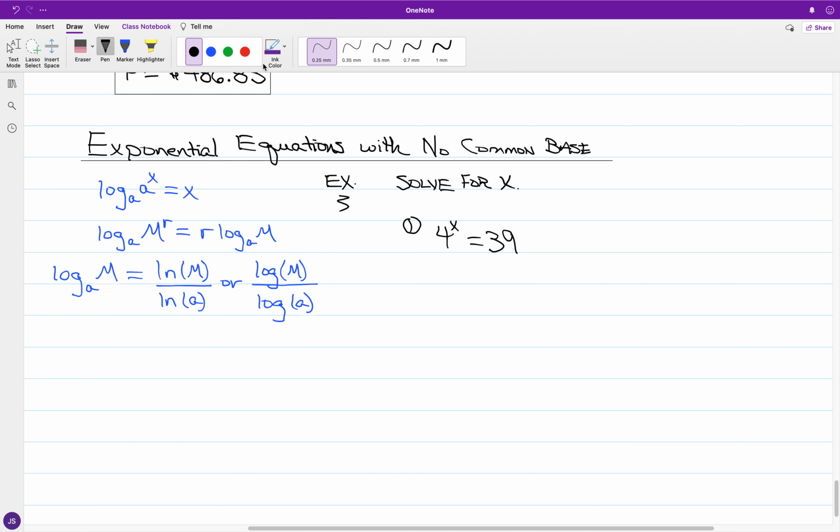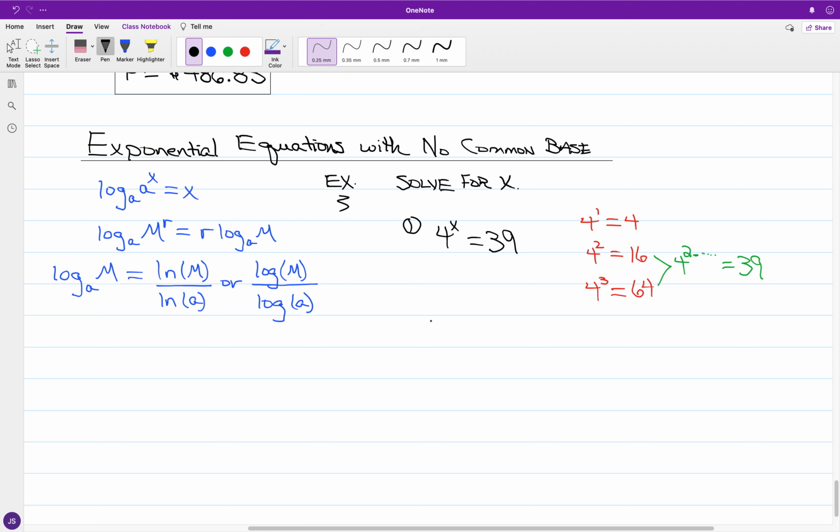Approximating, 4 to the first is 4, 4 squared is 16, and 4 cubed is 64. Notice 39 is between 16 and 64, so you're looking at 4 to the 2 point something equal to 39. It's a number greater than 2 but less than 3.